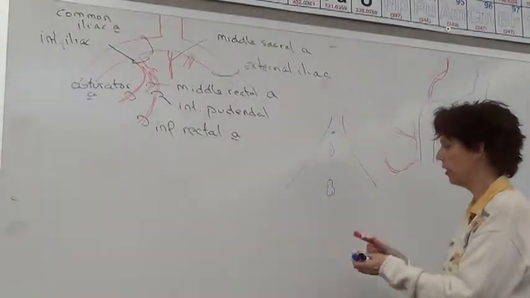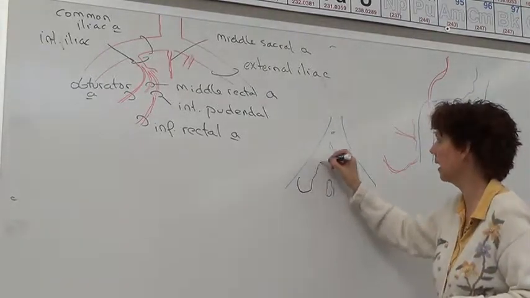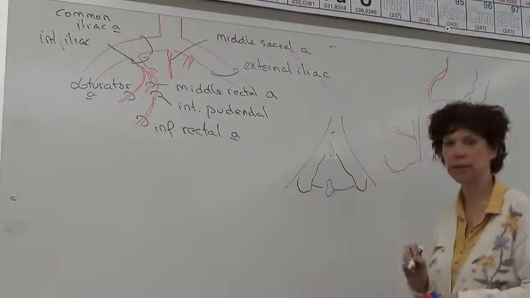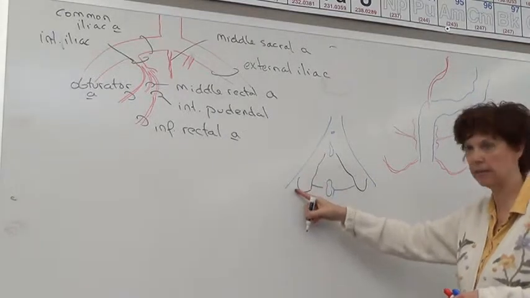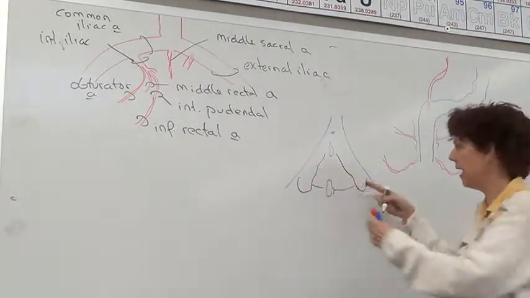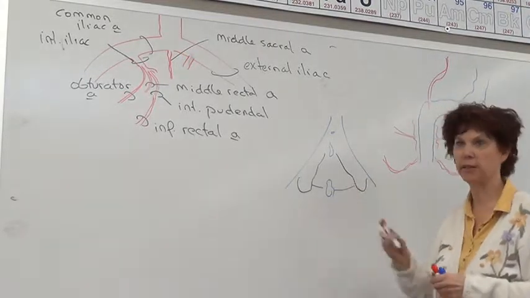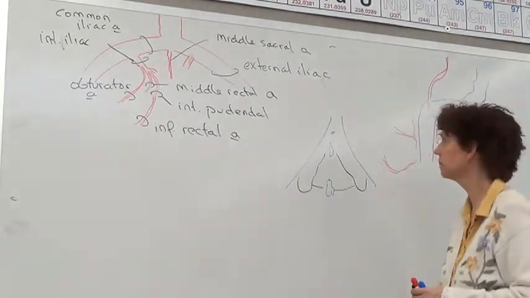And we had our nerve coming along from here and then going up to supply that. Branches will come here to the anus. So the internal pudendal artery is coming along with the pudendal nerve, and branches will come across that gap directly to the anus, and that's the inferior rectal. Okay?